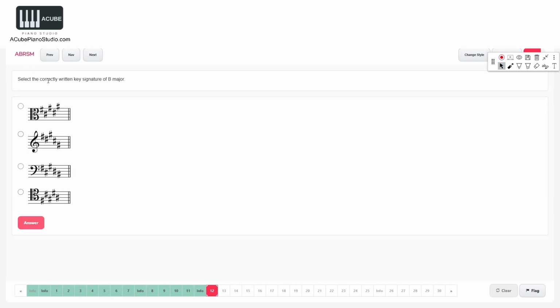Okay, so you're asked, select the correctly written key signature of B major. So recall I say you should have a key signature chart.